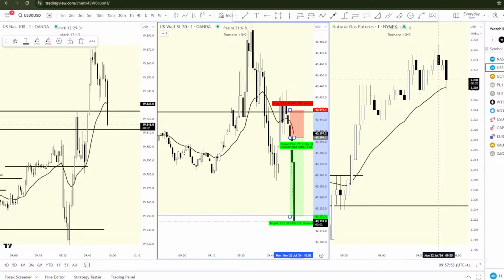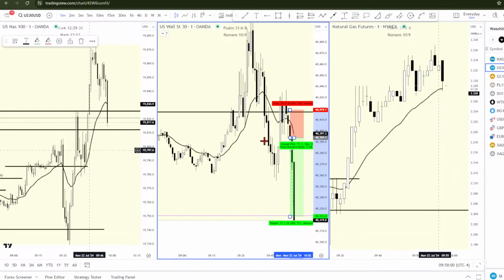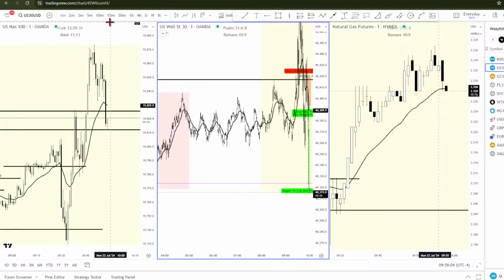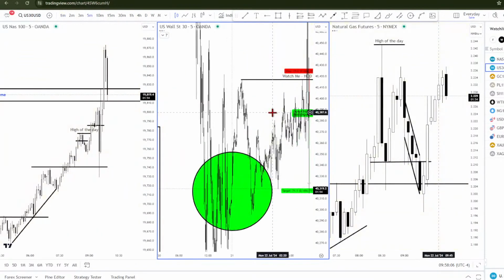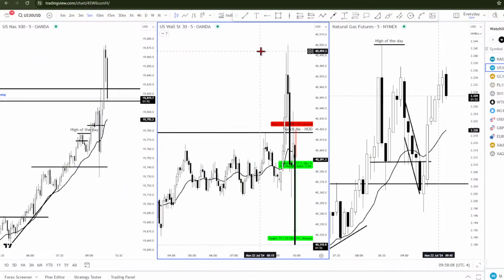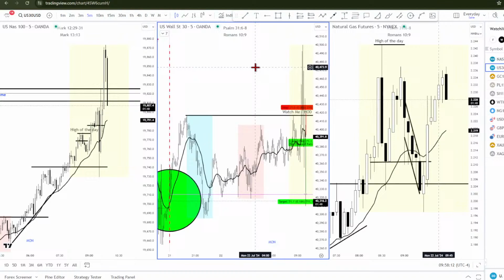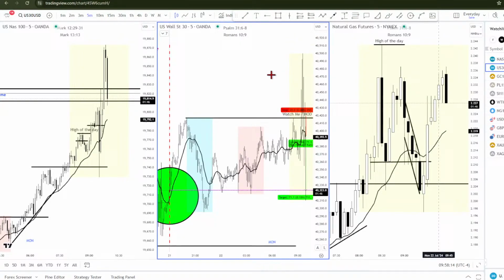All right, partials have been taken. Overall, I have no idea where I should be targeting because I have been focusing on the wrong things. Cameron, what are you doing? All right, we got that gap down there, that space to fill. I'm going to target the low of the day overall.